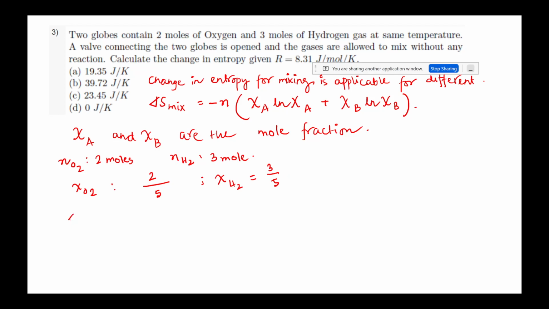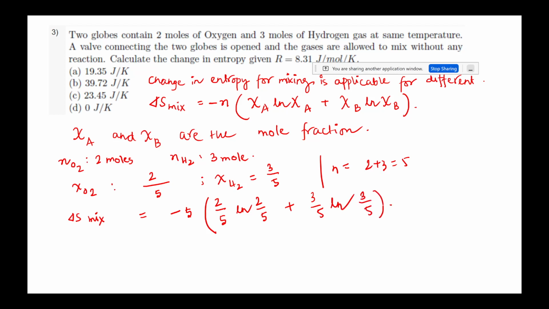Then delta S mix will be minus N, where N is the total moles, 2 plus 3 equals 5. So minus 5 times (2 by 5 ln 2 by 5 plus 3 by 5 ln 3 by 5). Now take the reverse of this, so this will be 2 ln 5 by 2 plus 3 ln 5 by 3, times R, the universal gas constant, in joule per Kelvin.